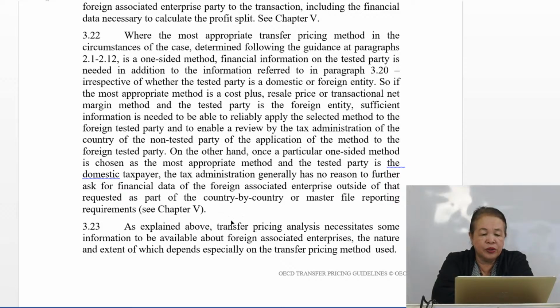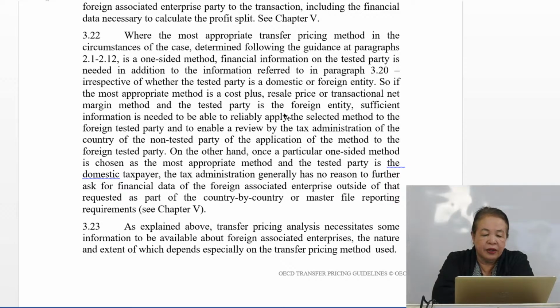So if the most appropriate method is a cost plus, resale price, or transactional net margin method, and the tested party is the foreign entity, sufficient information is needed to be able to reliably apply the selected method to the foreign tested party and to enable a review by the tax administration of the country of the non-tested party of the application of the method to the foreign tested party.